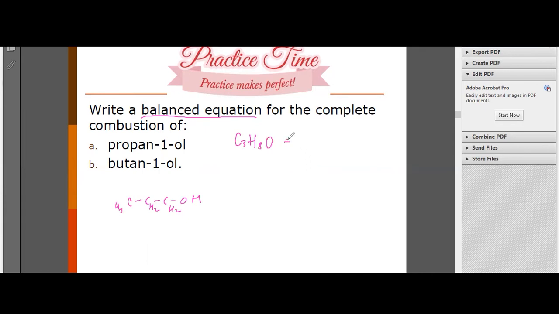Then it combusts with oxygen to form CO2 and H2O, because this is stated as complete combustion. Next, you just need to balance this equation. C3, so 3 CO2. H8, so 4 H2O. Oxygen: this is 6, this is 4.